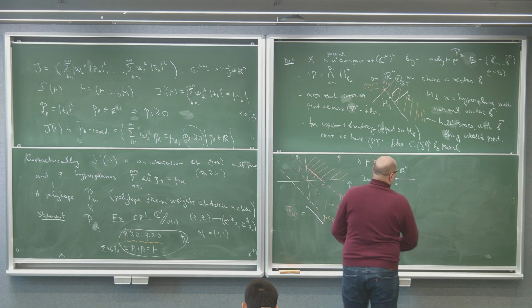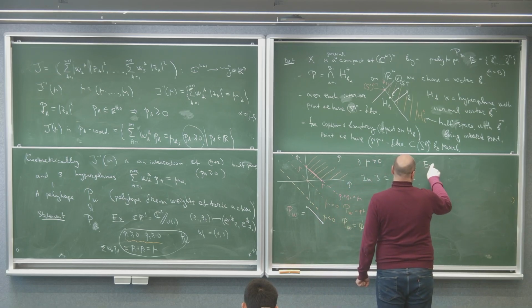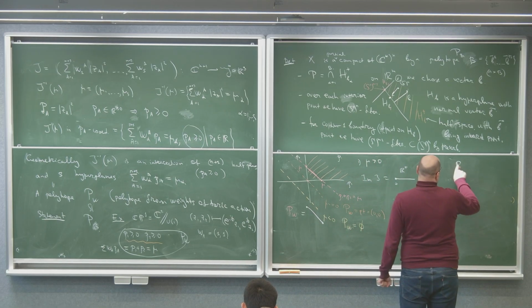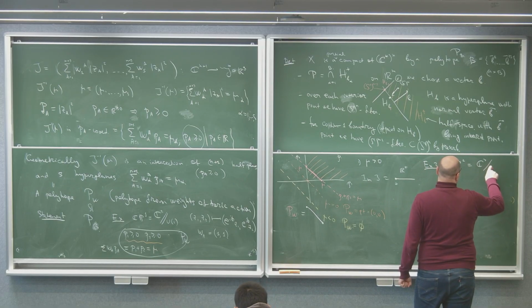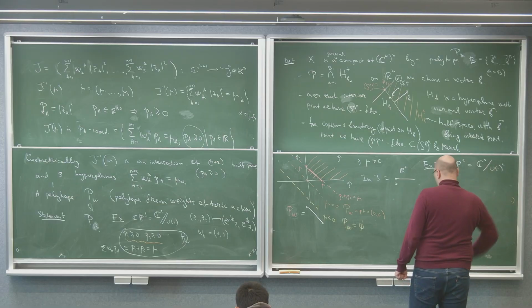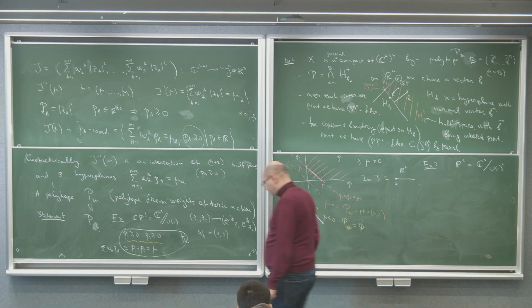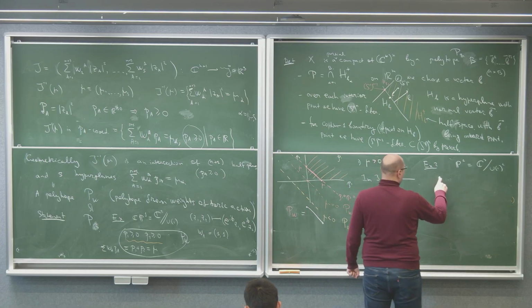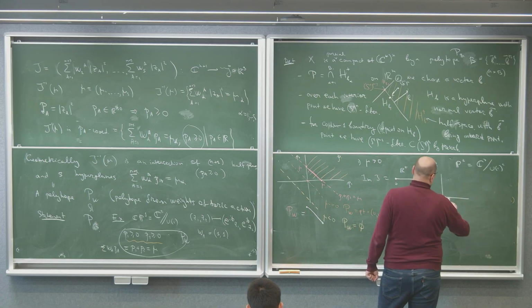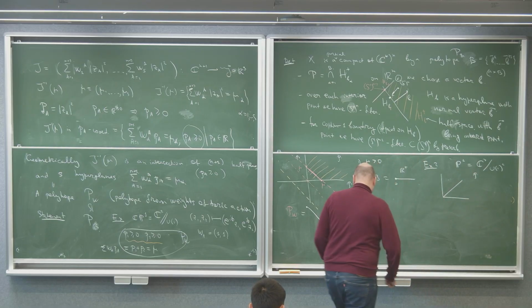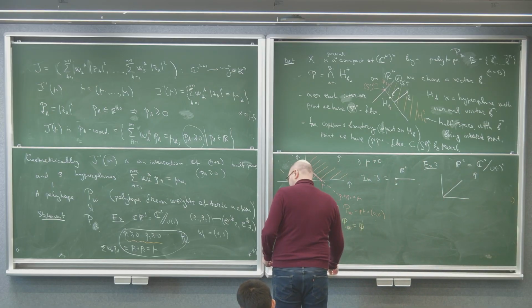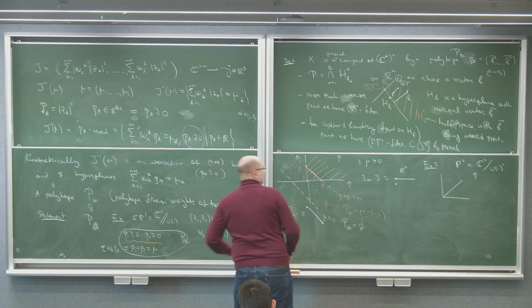So maybe one other quick example. If you take P2, it's the symplectic quotient of C3 by U1 squared. So then what we will get is a three-dimensional rho space.